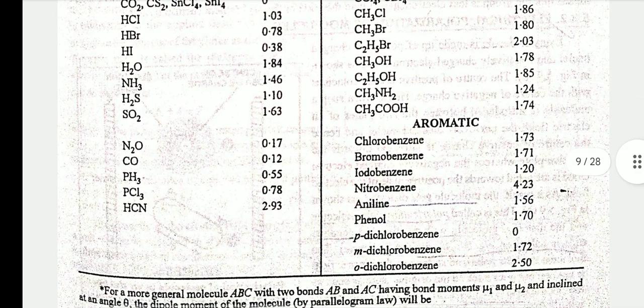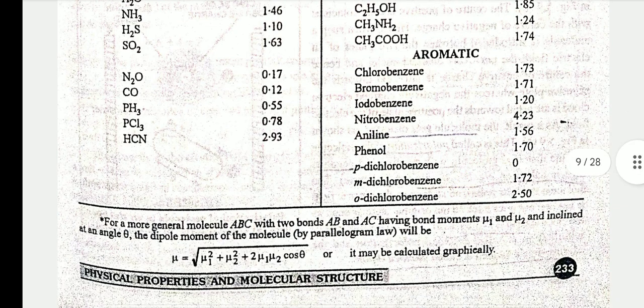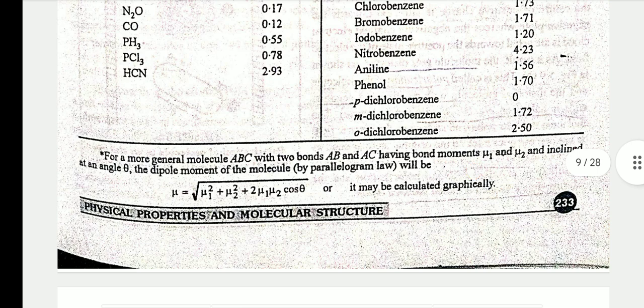Aromatic: chlorobenzene 1.73, bromobenzene 1.71, iodobenzene 1.20, nitrobenzene 4.23, aniline 1.56, phenol 1.70, para-dichlorobenzene 0, meta-dichlorobenzene 1.72, ortho-dichlorobenzene 2.50.